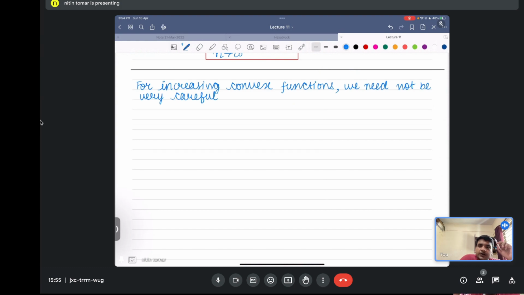So it's a paradoxical situation in the sense that how would we know we are starting with a sufficiently close guess to the root. But there is a certain class of functions for which we do not need to worry about that, and that is precisely increasing convex functions. So we don't need to be very careful in choosing the initial guess.